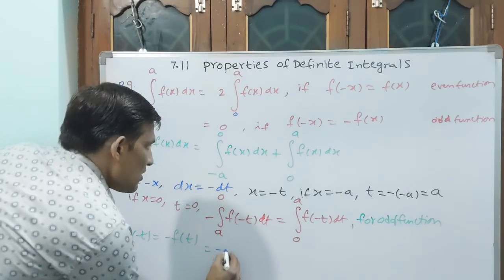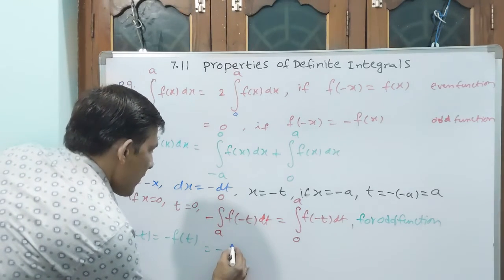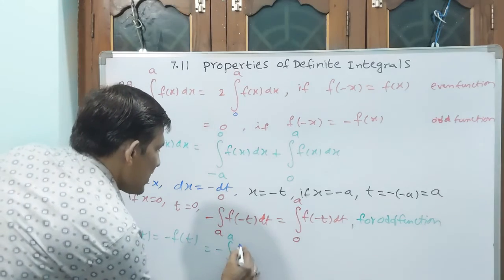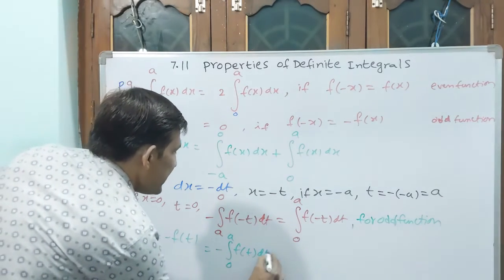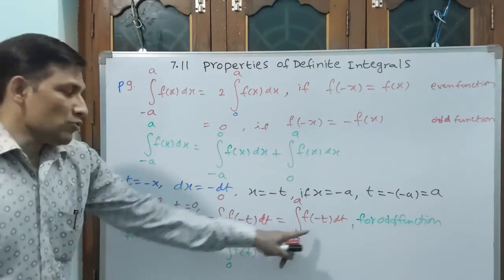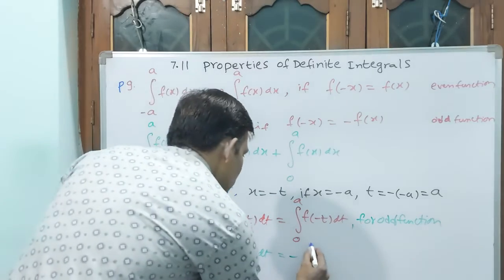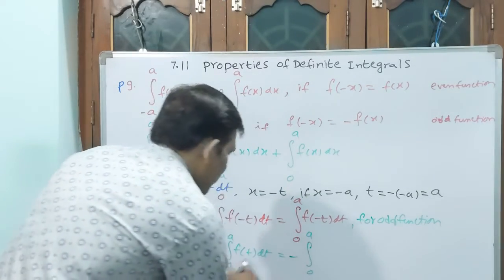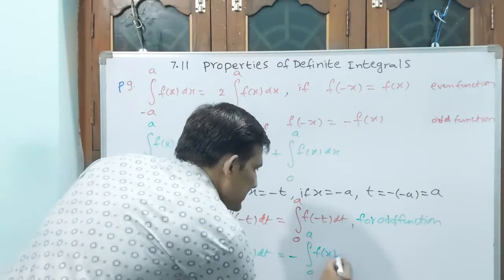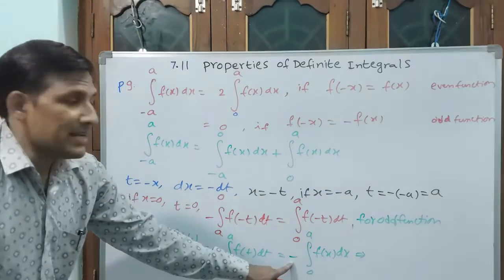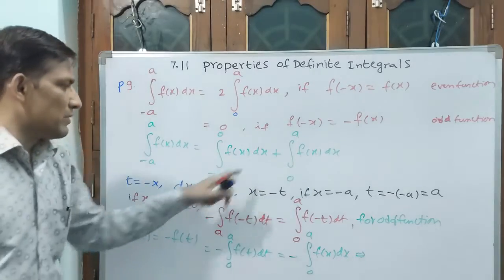That is equal to minus of integral 0 to a f of t dt. This is going to become this one, 0 to a minus of f of t. That means minus of integral 0 to a f of t dt, you can write f of x dx. Okay, this implies this is minus, that means here minus and plus both will come. Write down.